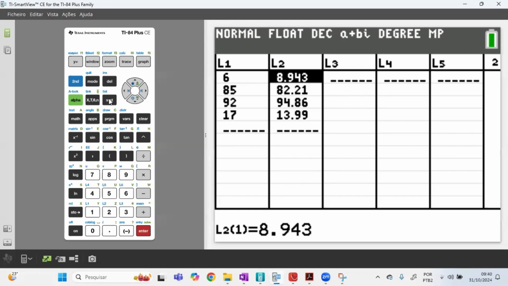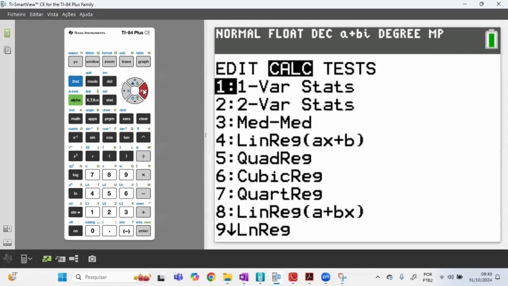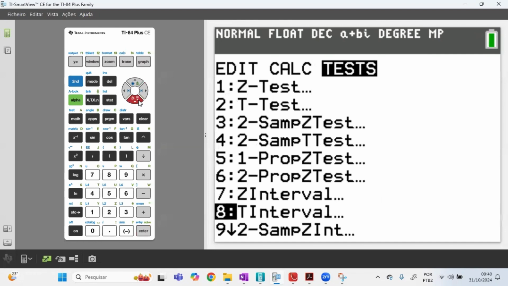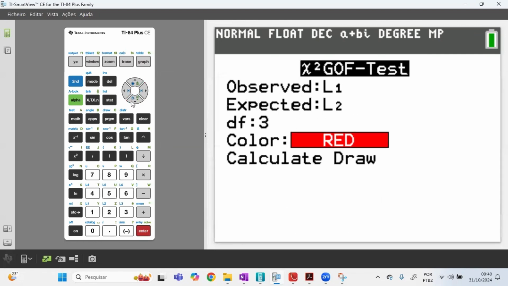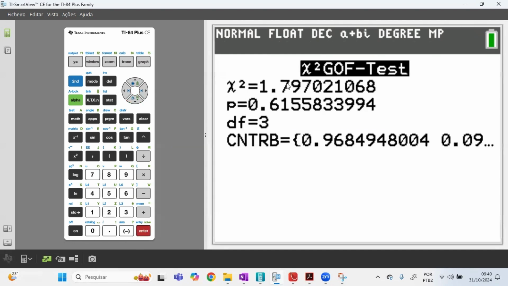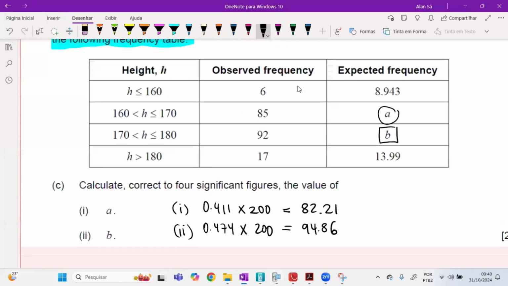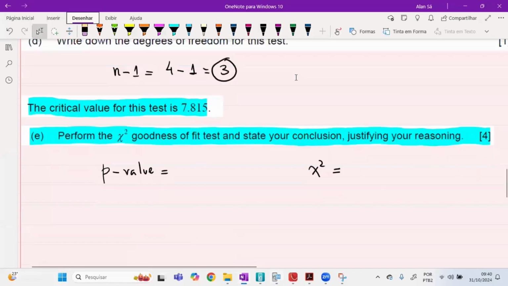Then we go to statistics, then tests, and scroll down until chi-squared goodness of fit test. We inform the degrees of freedom, which is 3, and then calculate. We find the chi-squared statistic to be 1.797, so 1.80. Let's write this down: 1.80.